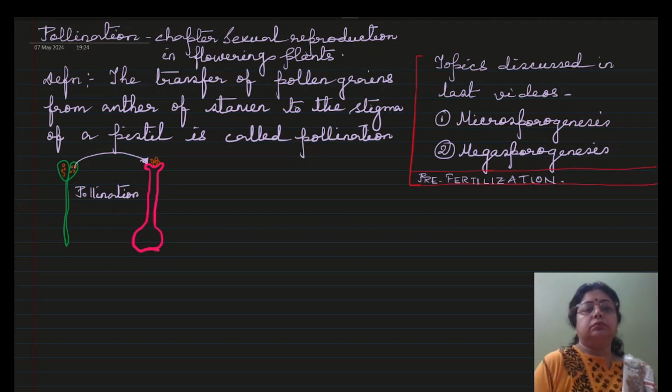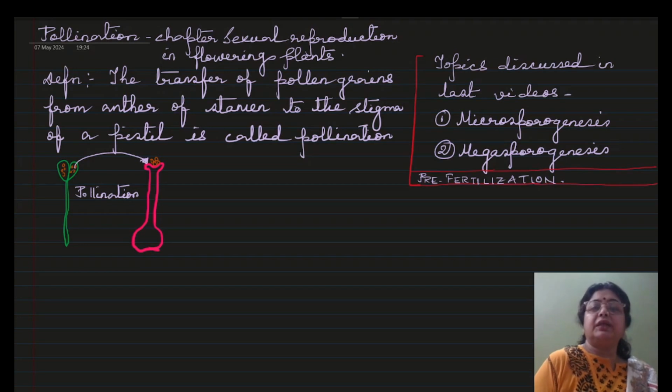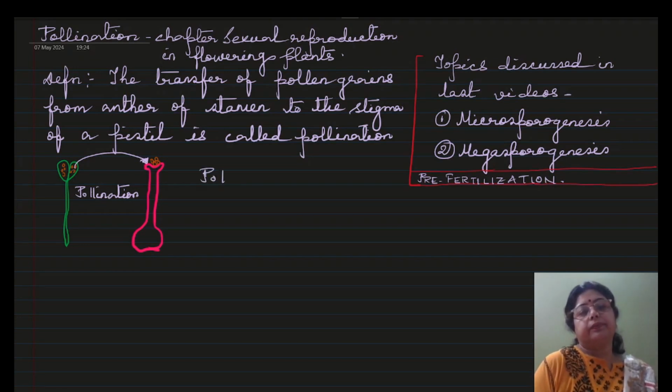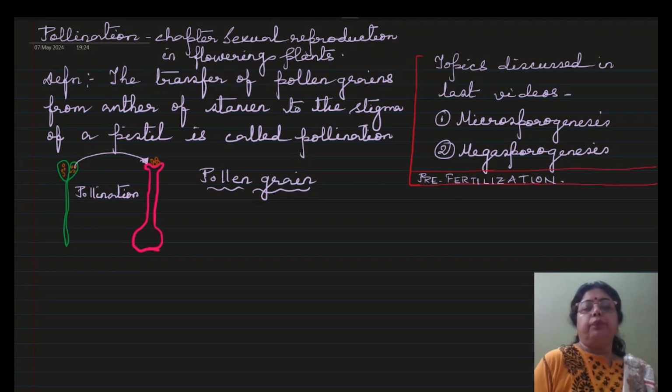Now this pollination occurs when the pollen grains are transferred. At which stage? As we know, the pollen grain is a male gametophyte, and we had discussed its structure already.